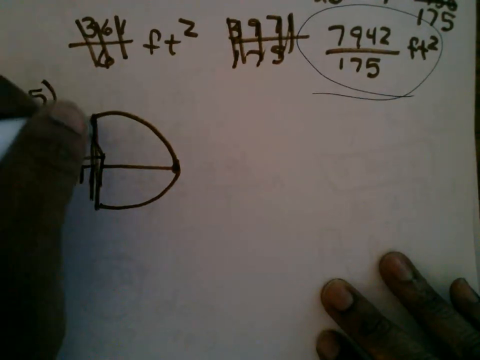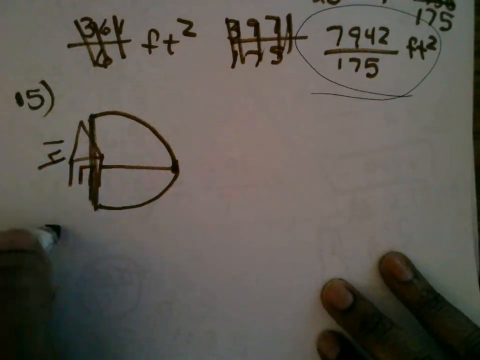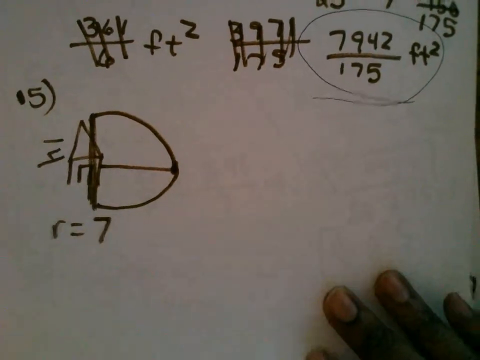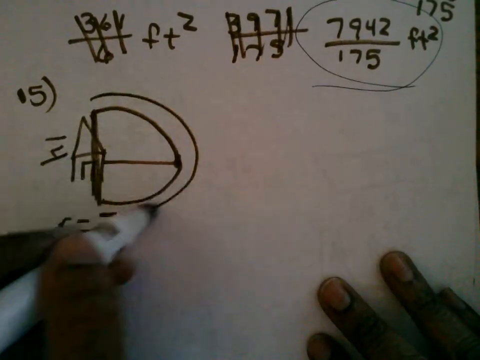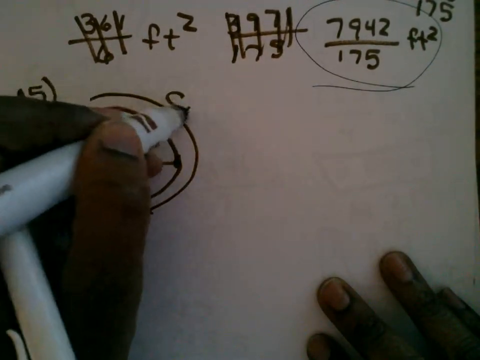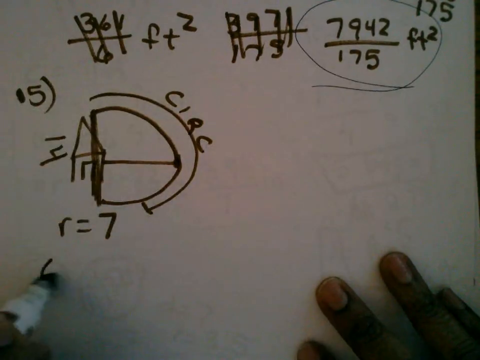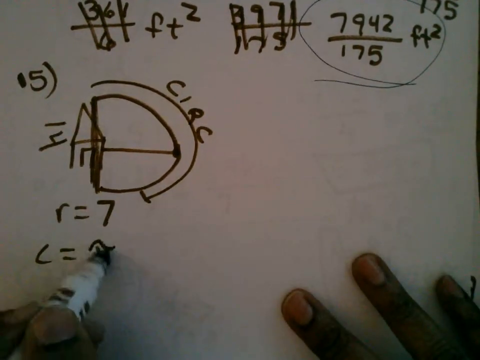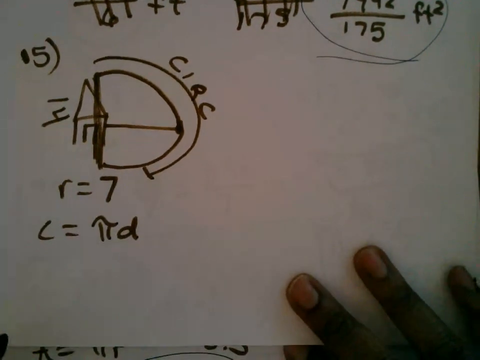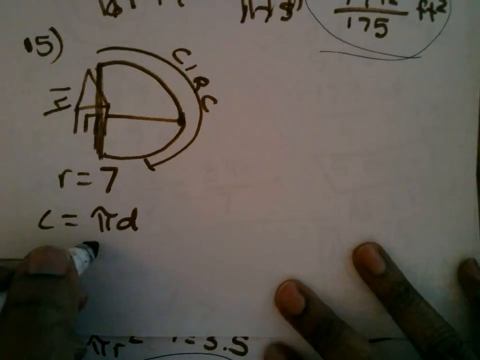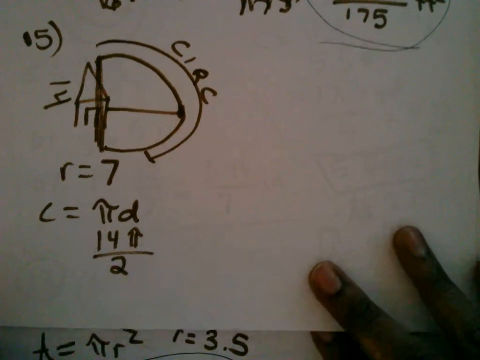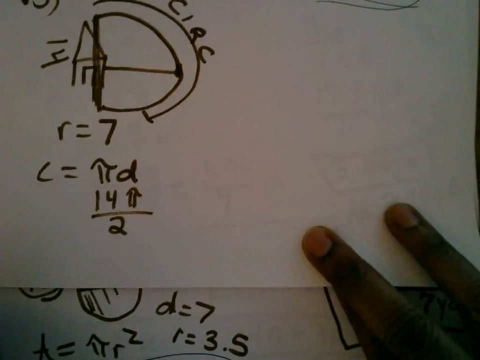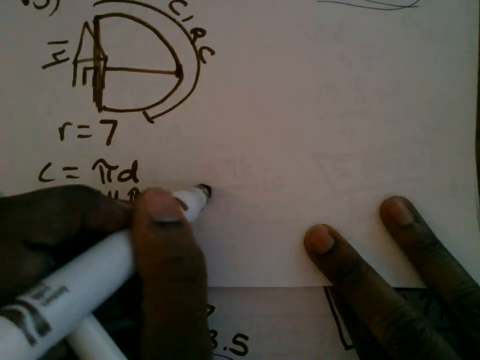So across here is 14, which means the radius is 7. We need to find the perimeter, which is the circumference. Circumference is equal to pi times the diameter. The diameter is 14, so 14 pi, but we need to divide by 2 because it's a semicircle. So 7 pi.